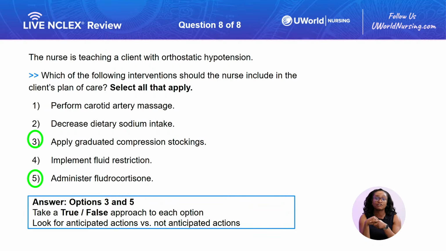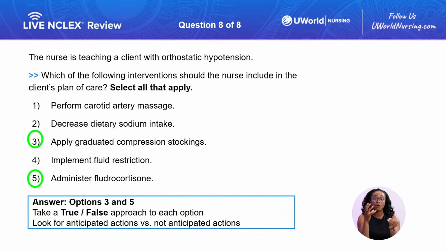So performing that carotid artery massage is actually a vagal type of maneuver, usually used to decrease your heart rate if the client is in SVT or something. Massaging that carotid artery, or vagaling down, will help decrease the heart rate. Option 2, decrease dietary sodium intake, and option 4, implementing a fluid restriction.